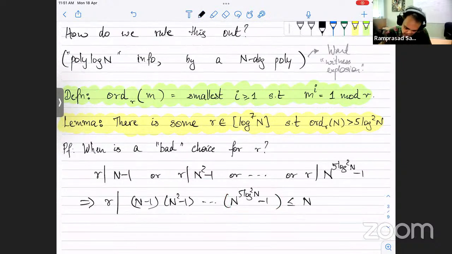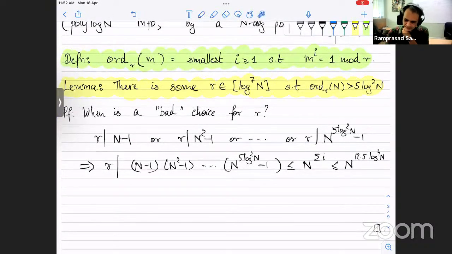So this is at most n to the power of the summation of i going all the way till 5 log squared n. The sum till k roughly looks like k squared by 2, so you're going to end up with something like 12.5 log to the power 4 n. So an R is going to be bad if you just got unlucky and your R happens to divide this, or rather, all bad R's divide this big number.